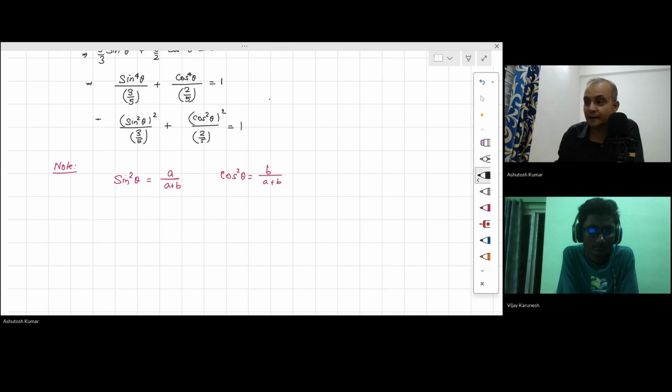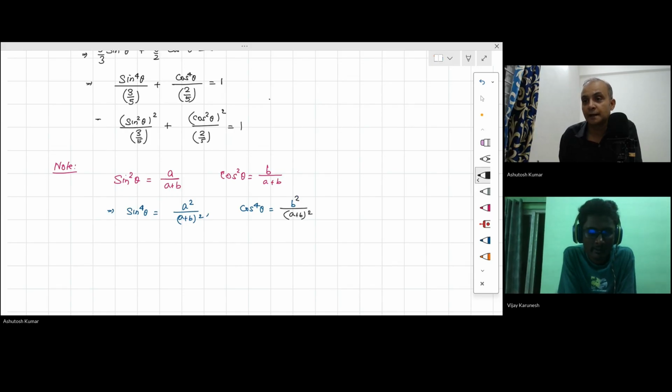Now let's square it. You'll get sine to the power 4 theta is equal to a square by a plus b the whole square, and cos to the power 4 theta is equal to b square by a plus b the whole square.